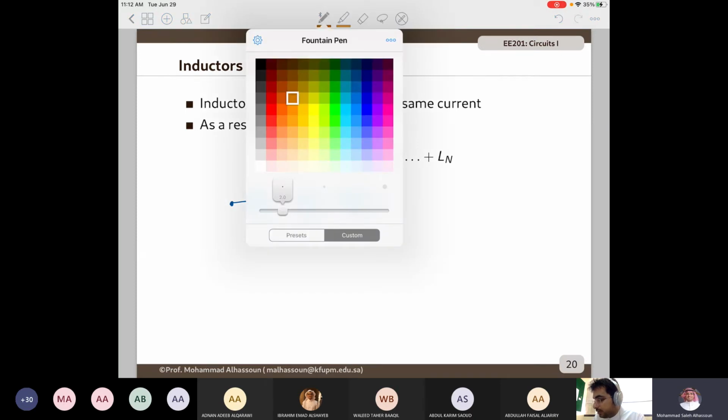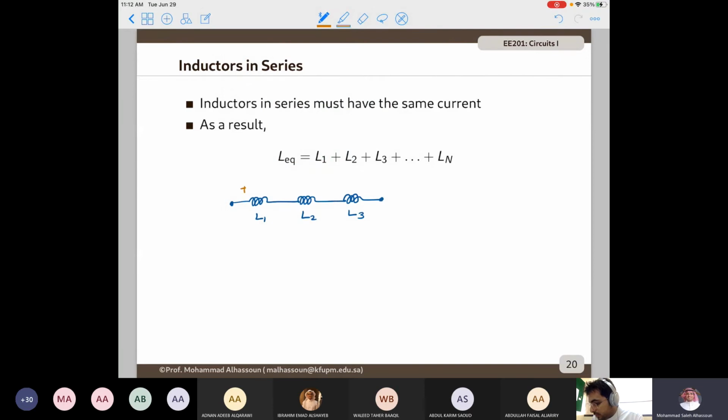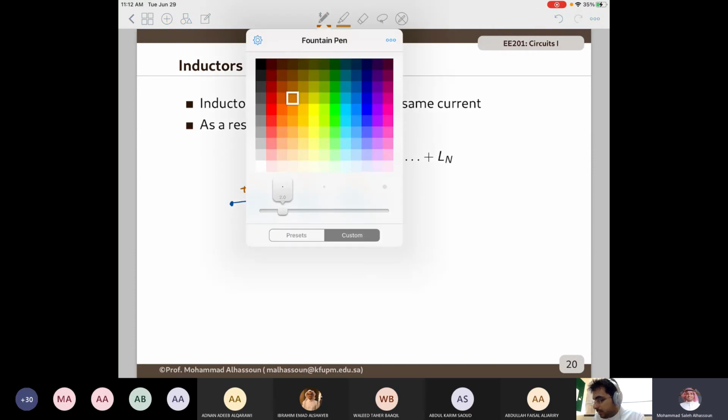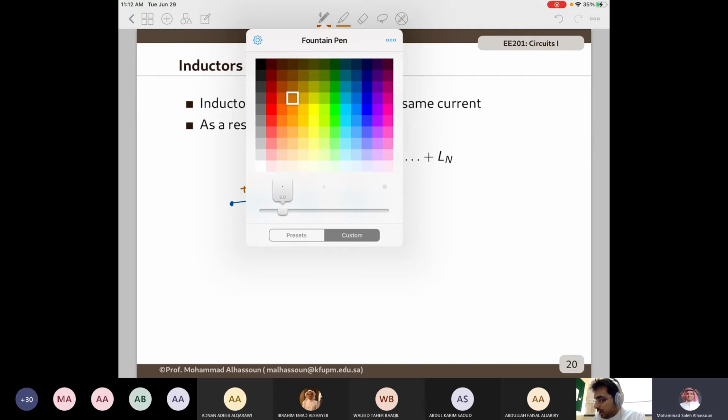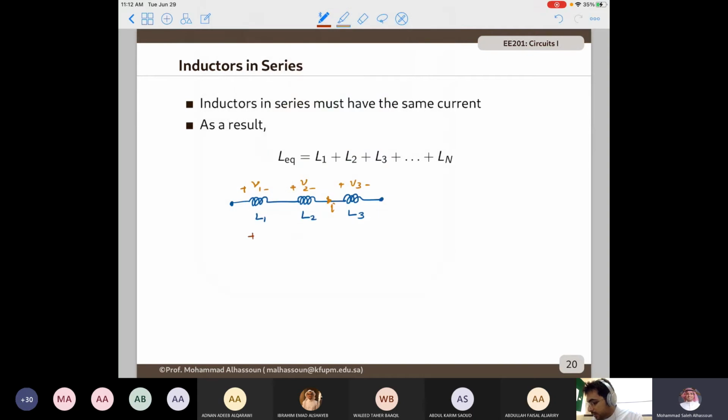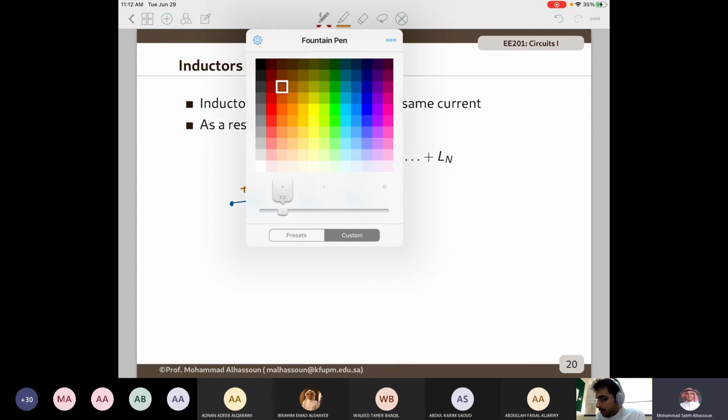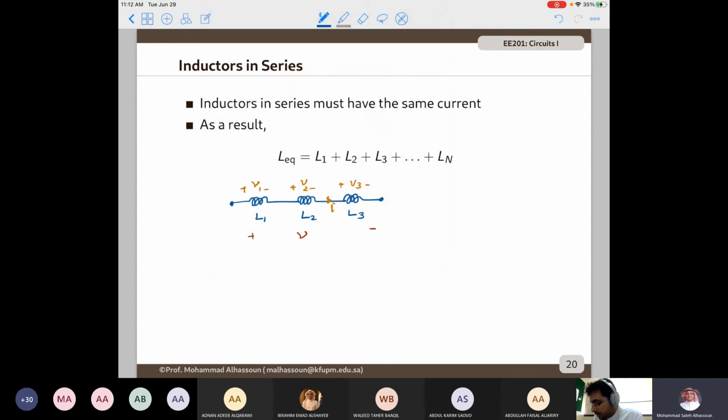Let's say that the voltages are V1, V2, V3, and the current passing through them is I, because they are in series, so they must have the same current. And the voltage here, V, is going to be V1 plus V2 plus V3.